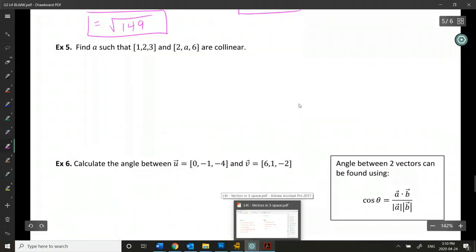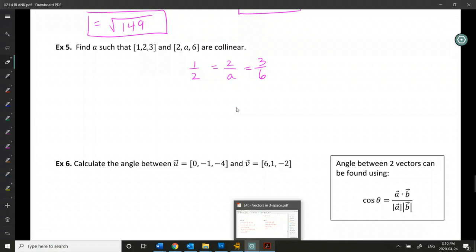So if I want to make these vectors collinear, I need the ratio between the x's to equal the ratio between the y's and the ratio between the z's. I can see here that these are already equal in ratio. That should make sense. And in order to fill this in, I know to make 2 over something equal to 1/2 or equal to 3 over 6, a must be equal to 4.